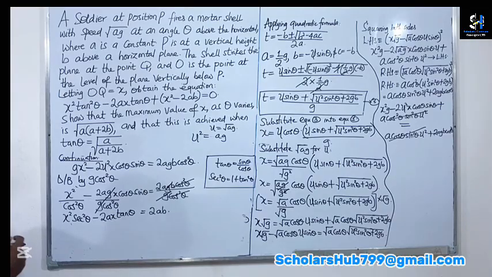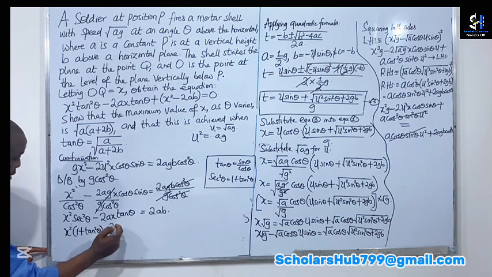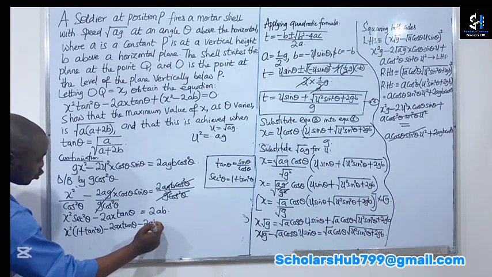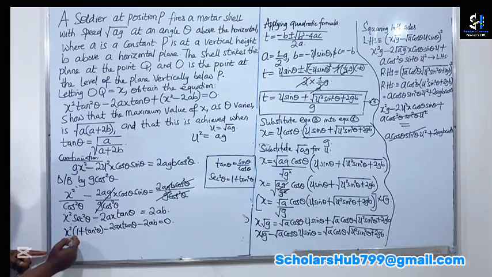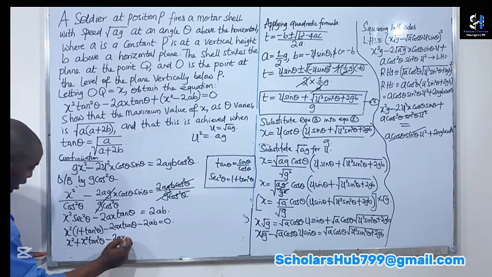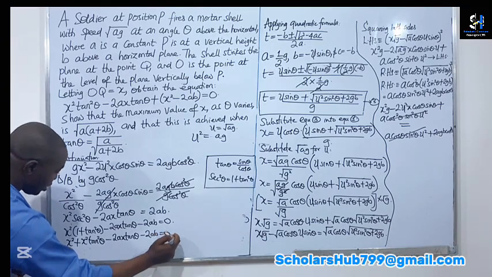So this will be x squared into 1 plus tan squared theta minus 2ax tan theta minus 2ab equals 0. If you distribute x, we have x squared plus x squared tan squared theta minus 2ax tan theta minus 2ab equals 0.